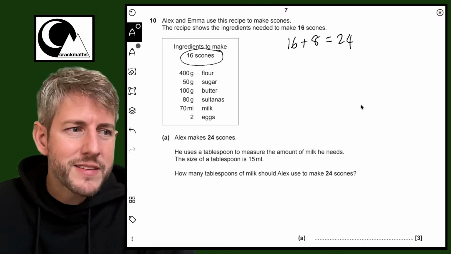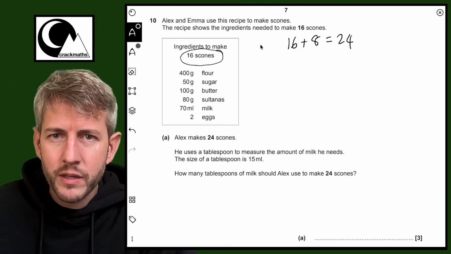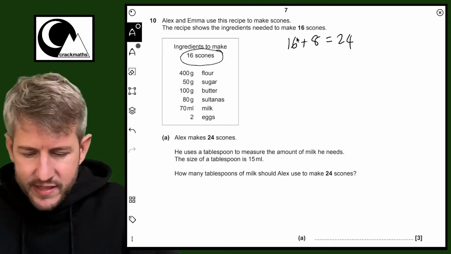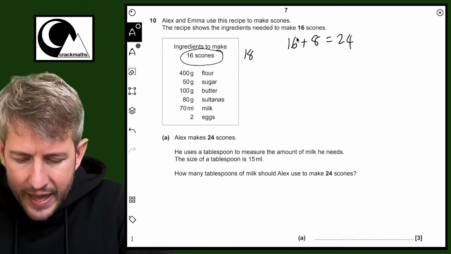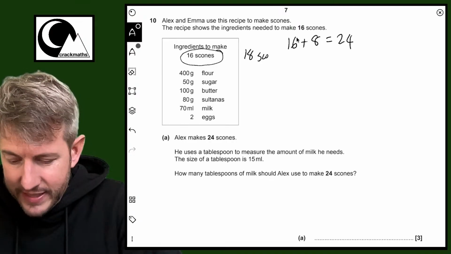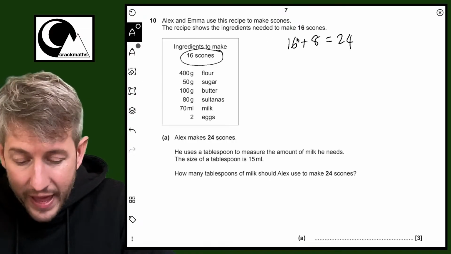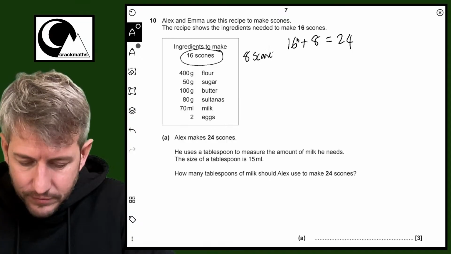So let's have a look at how this is going to work. So if we've got 16 scones here, we're going to look at 8 scones next to it. Oh, that's 18. Sorry about that. We want 8 scones next to it.